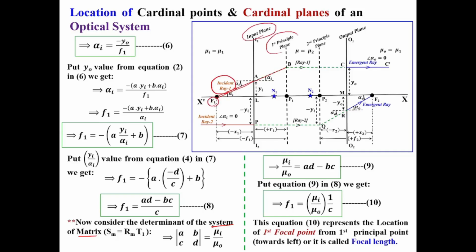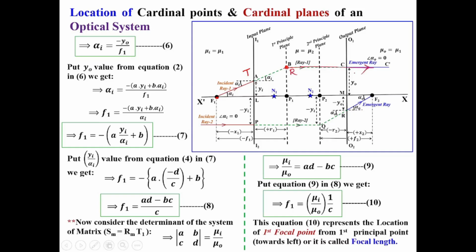At the first principal plane, it is refracted and then moves parallel to the principal axis and emerges through the output plane like this. So here we get one translation, from F1 to B, then at B one refraction, then it moves without any deviation.